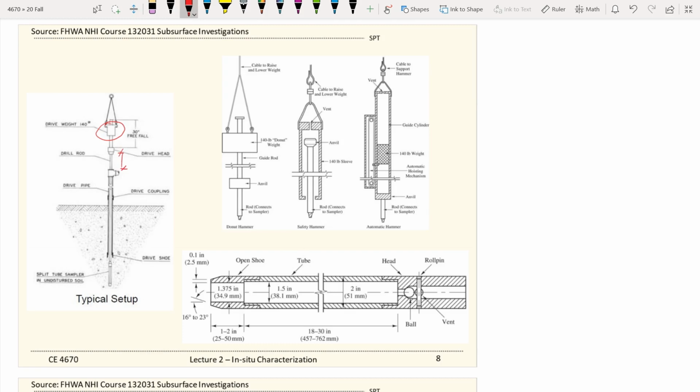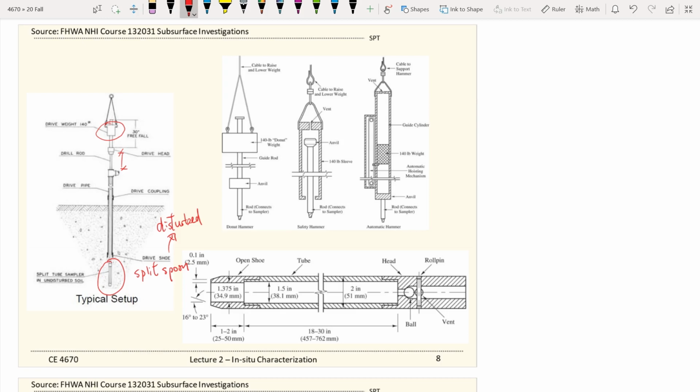And eventually, the whole vertical alignment will connect to your sampler. We have two different types of sampler, the split spoon. This type of sampler is to collect disturbed soil samples.